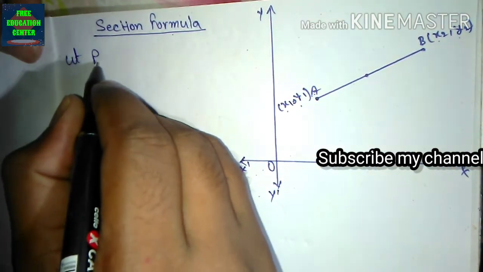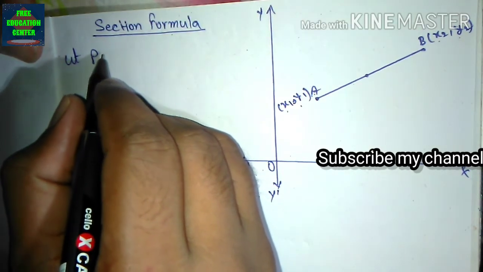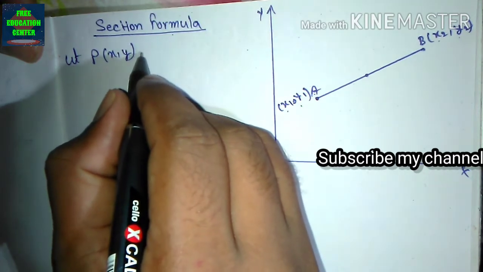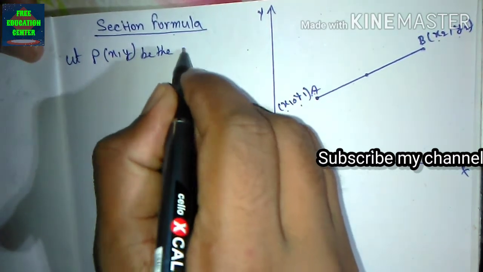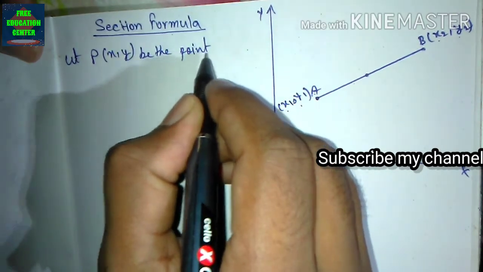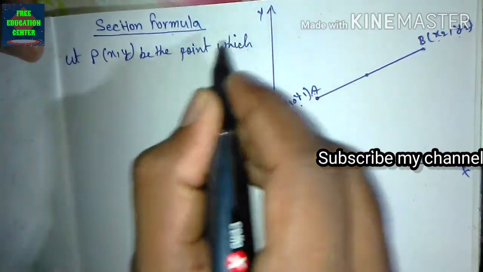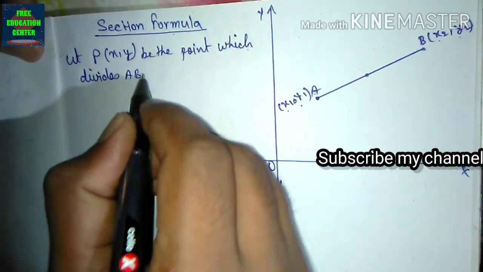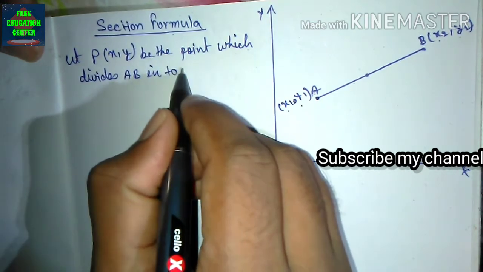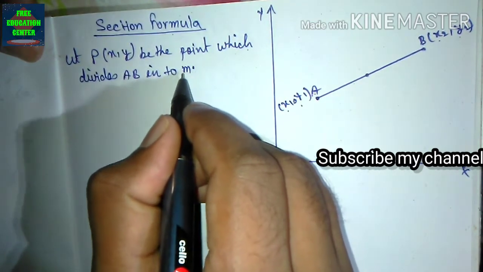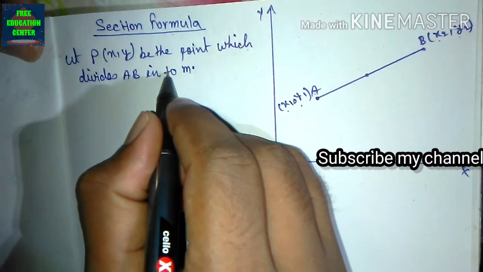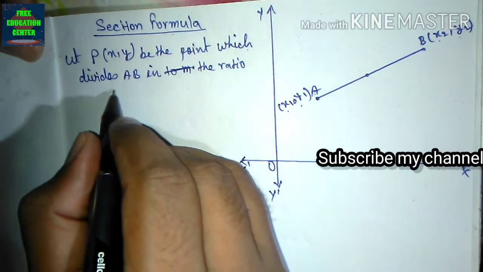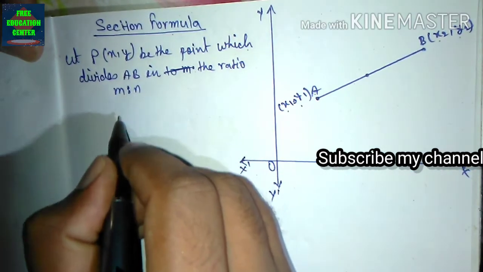Let P, whose coordinates are x and y, be the point which divides AB in the ratio m is to n.